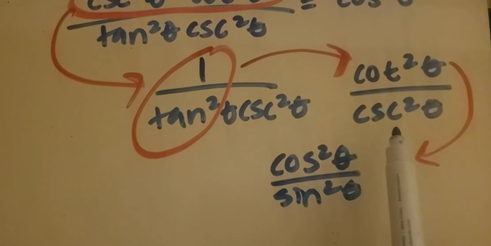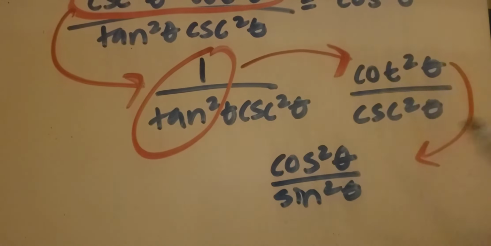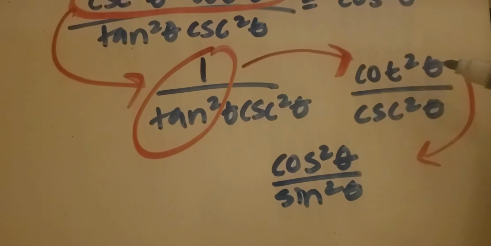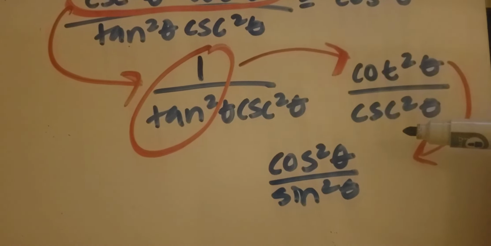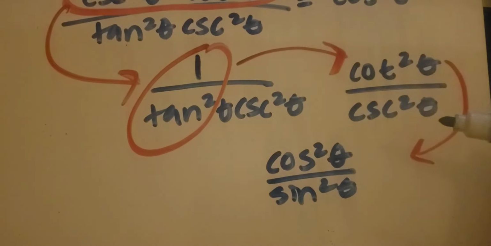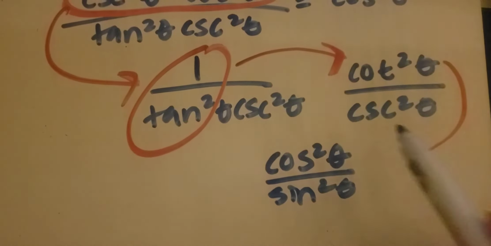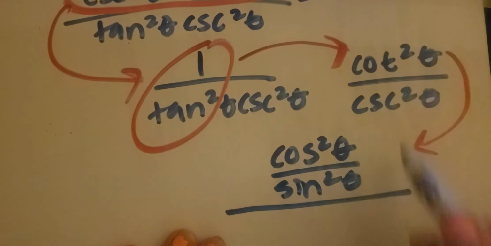But then at the same time, cosecant, I can rewrite it because this is like 1 over cosecant, and 1 over cosecant is the same as sine, okay? And because it's a square, it'll be sine squared theta. So basically this is what I'll have as my numerator, okay?